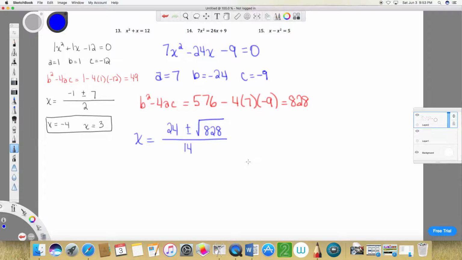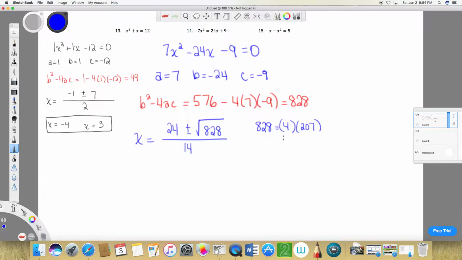I thought it might be divisible by 16, but it's not. So 828 is equal to 4 times 207. Now, I think 207 is probably a prime number. I don't think we can find any factors of it. No, I take that back. 207 would be divisible by 3, wouldn't it?